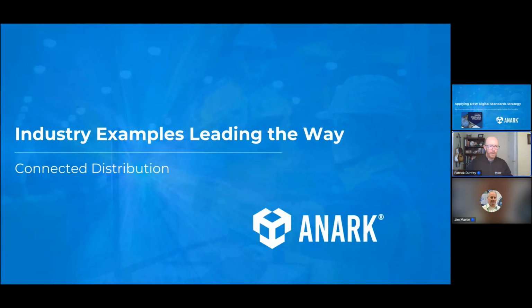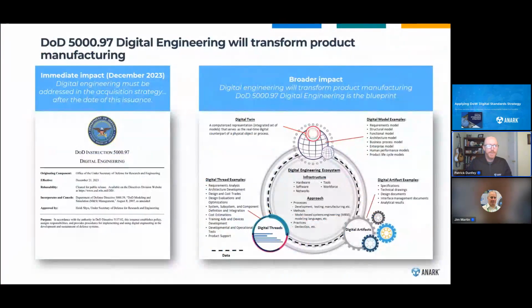One, of course, that we can't avoid talking about is DoD 5097 on digital engineering. This instruction guidance document that was put out by the DoD towards the end of 2023 was a very, very important document at the time in terms of tying together a number of concepts around digital twin, digital thread, digital engineering ecosystems, digital artifacts, and digital models, all of which this entire page here on the right side of this slide is actually in the new DoW digital standard strategy document as well.